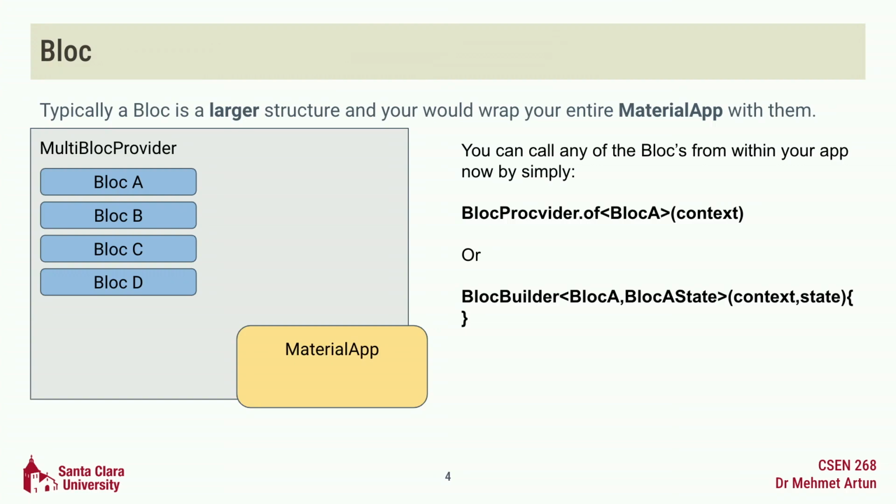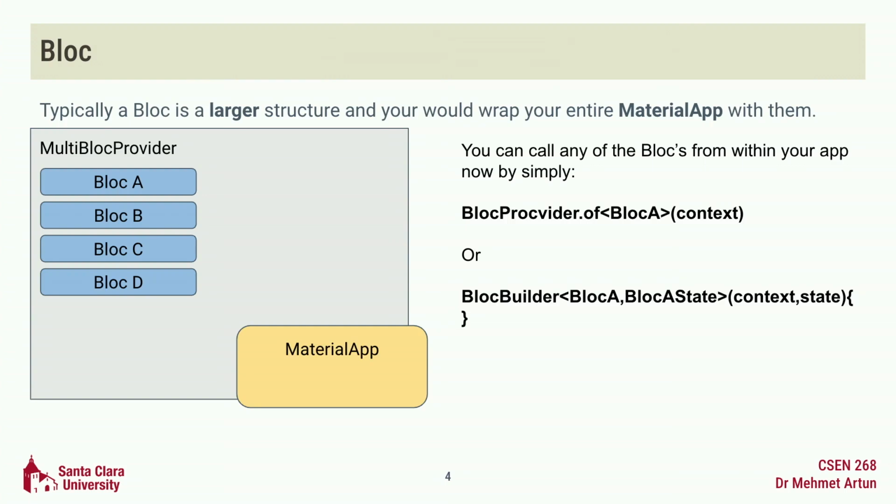And then if I want to, somewhere in my code, refer to the state of that block, and I want to build something based on that state, or rebuild when the state changes, I can just stick this anywhere in my code, and I say, this is a block builder. Look for block A and its state. Every time its state changes, repaint me.